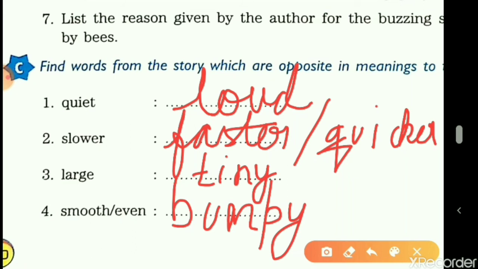Children, please complete the word meanings, true and false, question and answers and antonyms in your notebook. Please complete these exercise A, B, C and the word meanings in your notebooks and start learning them.